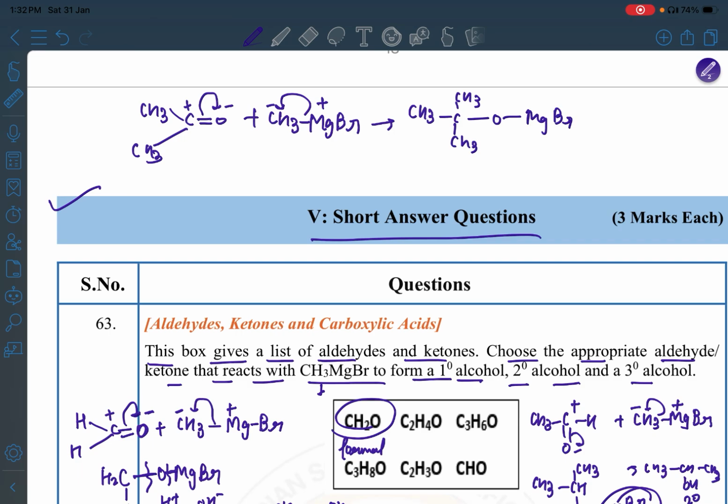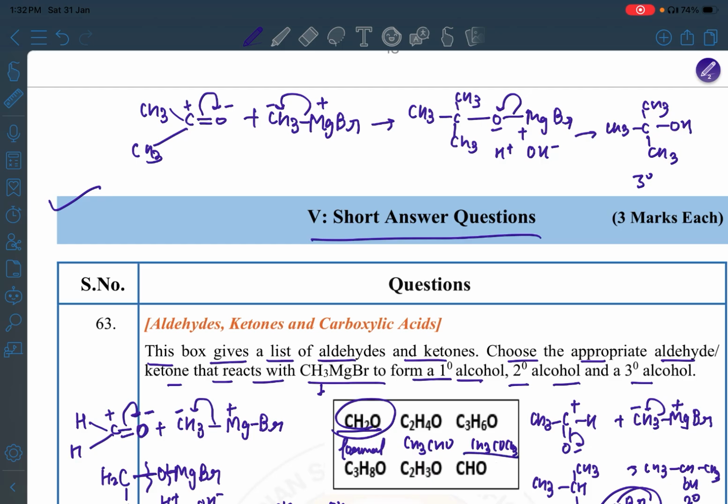Now we do further hydrolysis. Oxygen gets negative and Mg gets positive. Mg attaches with OH negative and oxygen with hydrogen. So we get (CH3)3COH, which is a 3 degree alcohol. So for a 1 degree, we want formaldehyde. For a 2 degree, we want acetaldehyde, CH3CHO. And for a 3 degree, we want CH3COCH3, a ketone.